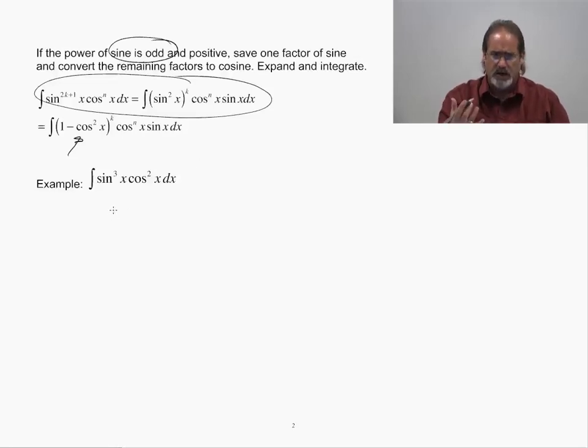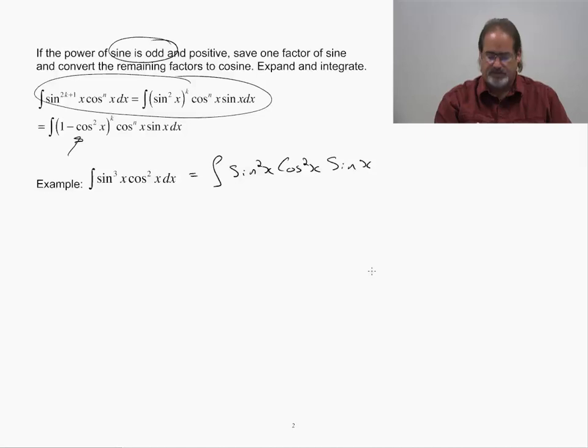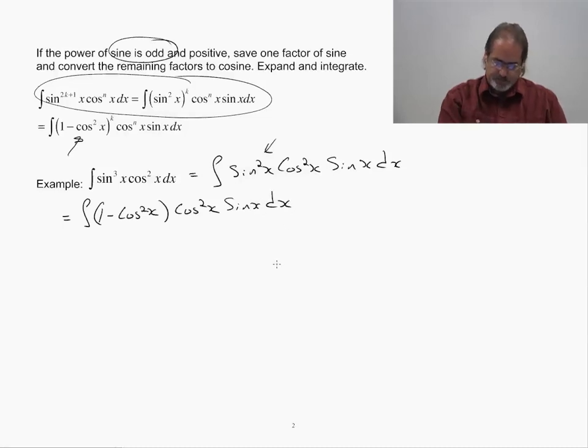If I pull out one sine, I can write this as the integral of sine squared of x times cosine squared of x times sine of x dx. Now, if I write the sine squared in terms of cosine, I will have the integral of 1 minus cosine squared of x, there's my sine squared, times cosine squared of x, sine x dx.